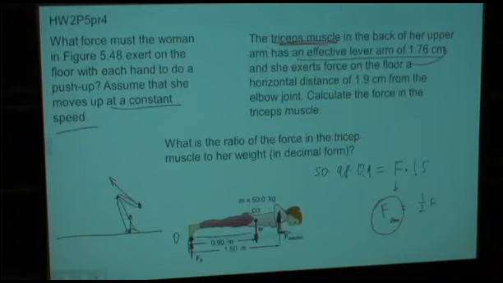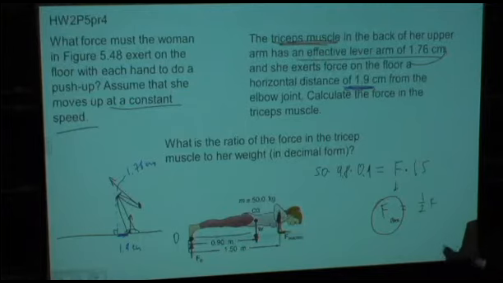So this is the effective lever arm. That's what they mean. Effective lever arm, yeah, 1.76 centimeters. And the next number is here. If we go down, this is 1.9 centimeters. So we just have to decipher what they mean because the wording is so unclear. But after doing that, the rest is simple.